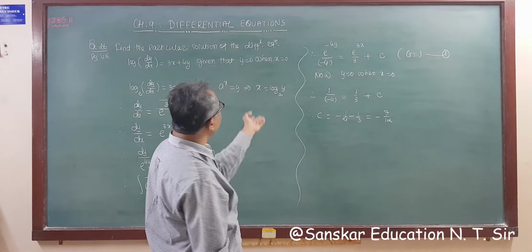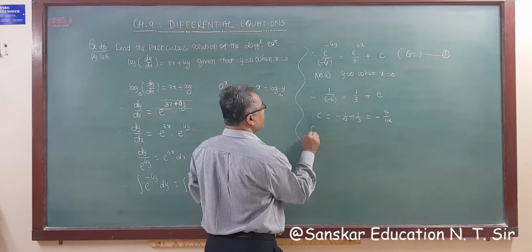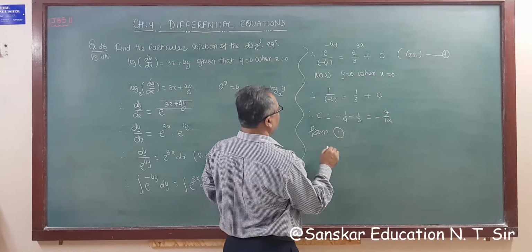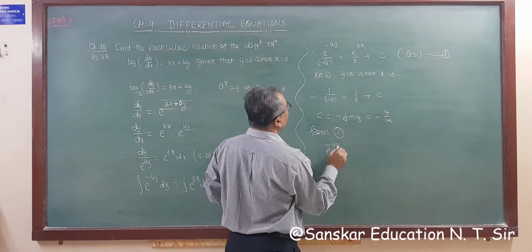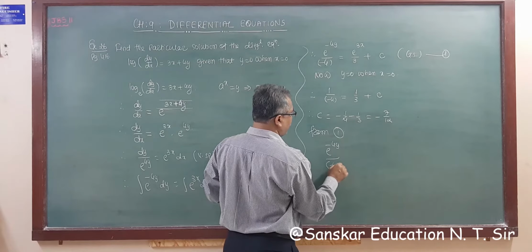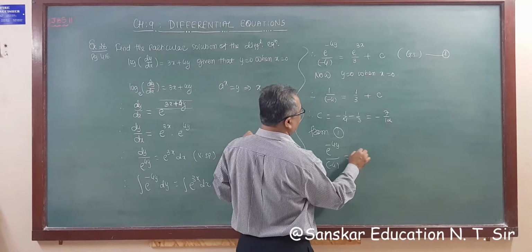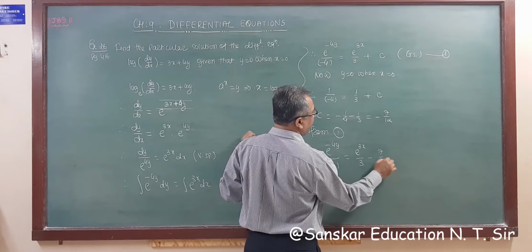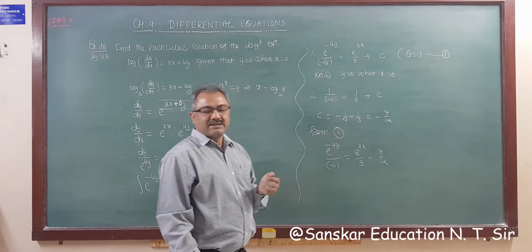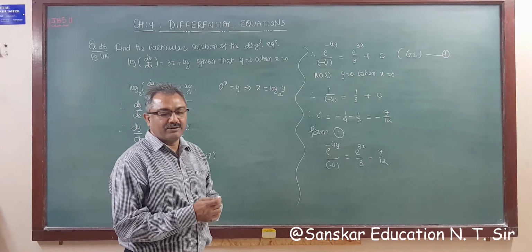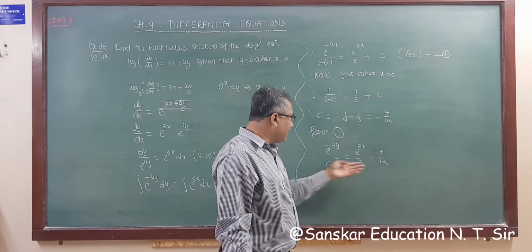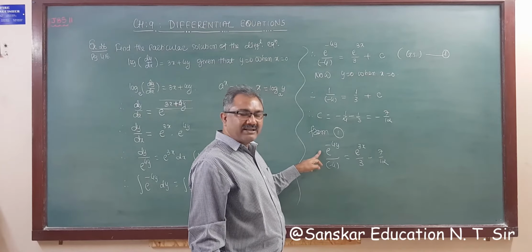So substituting this value in equation number 1, from 1 we get e raised to minus 4y upon minus 4 is equal to e raised to 3x by 3 minus 7 by 12. Got it? So 12 is the LCM, so we have to multiply this by 3.